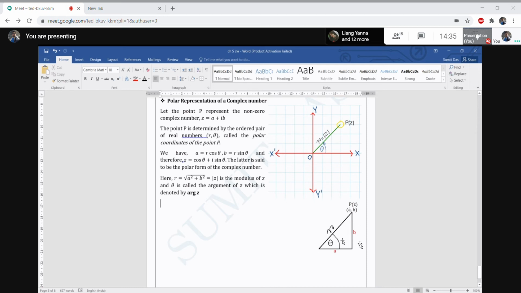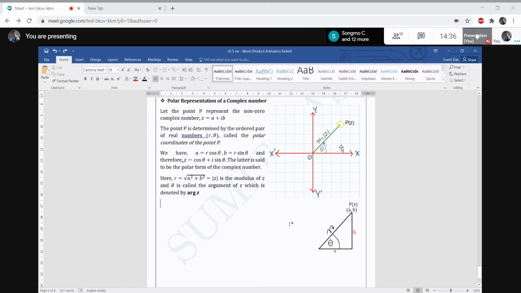This is theta and this distance is r. That means the hypotenuse is r. And this point P is denoting z. z means a plus ib. And what is the ordered pair of a plus ib? a comma b. If this point is a comma b, that means this distance is a and this distance is b.